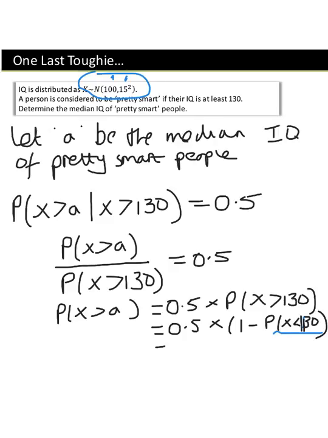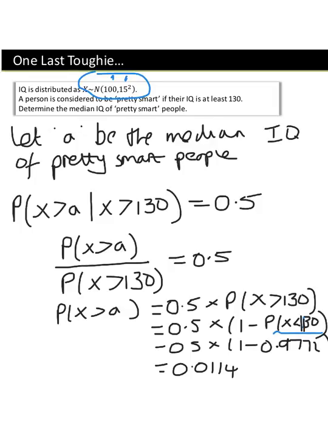So using my calculator, upper bound 130, lower bound I made about 10, mean of 100, standard deviation 15, I get 0.5 times 1 minus 0.9772, and putting that into my calculator, I get 0.0114. And that's just using the calculator.